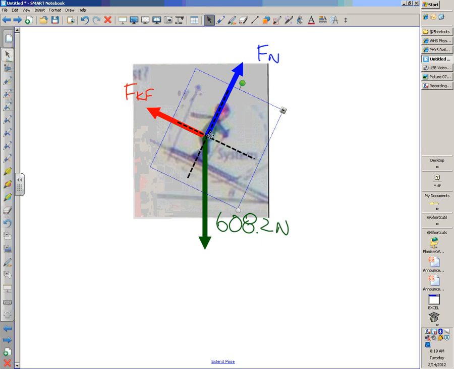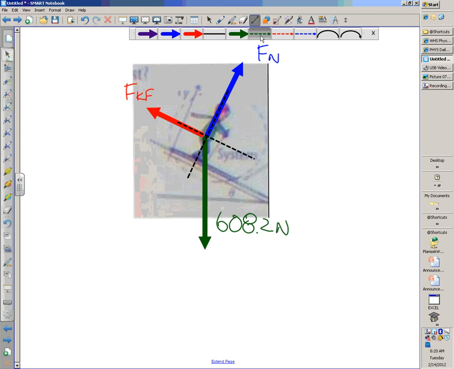So on the inclined plane, rotating the axes so that the x-axis is parallel to the ramp and the y-axis is perpendicular to the ramp results in our gravitational force not being on the x or y-axis, so we have to break it up into components. And we said that that gravitational force has a y component, right? And it has an x component, just like that.